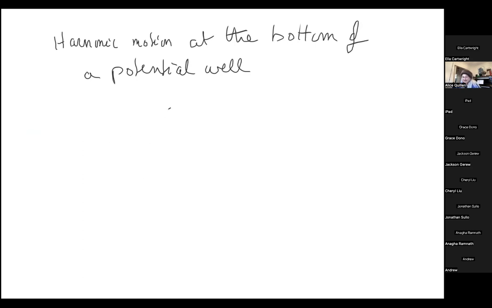Okay, so what I'm going to do now is show you that you do in fact get harmonic motion if you're near this equilibrium point. And so what we're going to do is take our potential function. So we have a potential function, and here's the stable equilibrium point that we want to know what the motion looks like when we're near it.